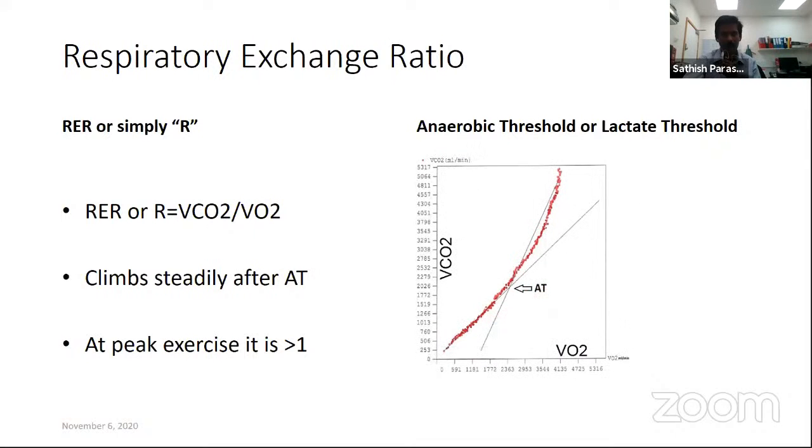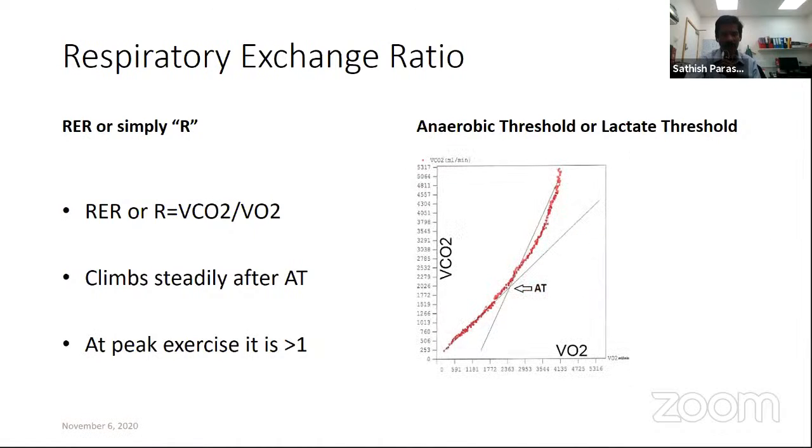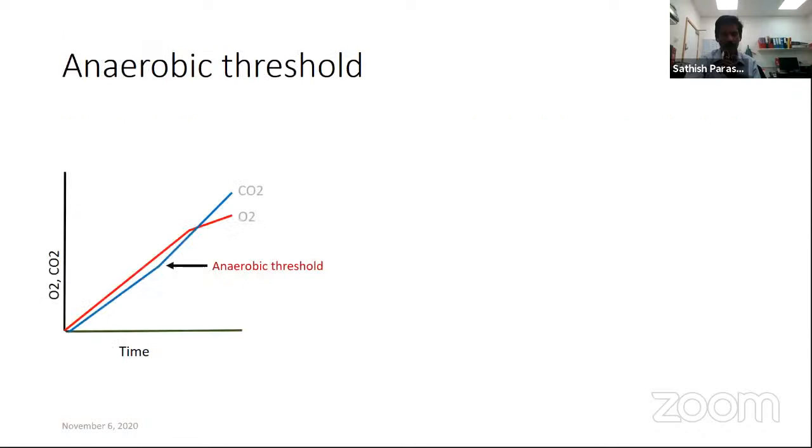There are various ways of calculating anaerobic threshold. As Dr. Schwartz said, it's the point where the carbon dioxide production becomes disproportionate. So again, going back to the anaerobic threshold, this is the point where the carbon dioxide production takes off disproportionately. In patients with heart failure or pulmonary hypertension, this anaerobic threshold is much earlier.